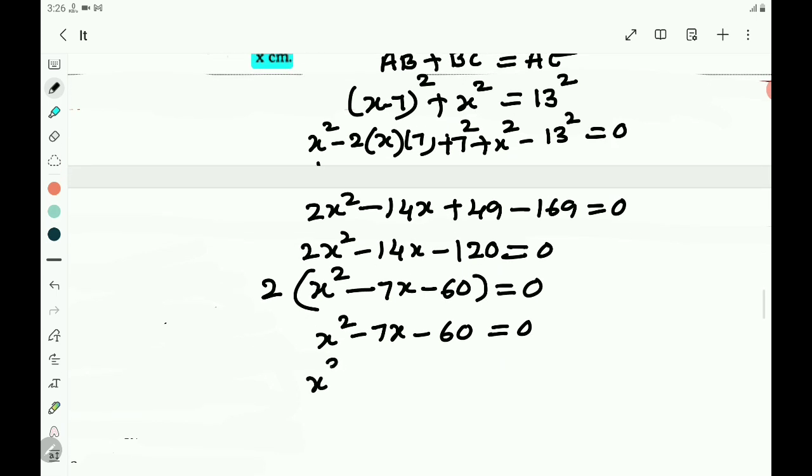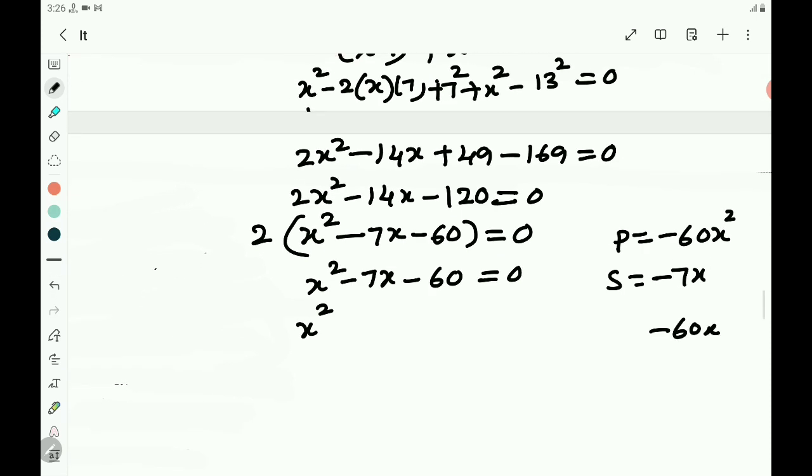Then x square minus 7x minus 60. This minus 7x is to be split taking sum and product. The product is what? The product of these two: x square into minus 60 is minus 60 x square, and the sum is minus 7x.